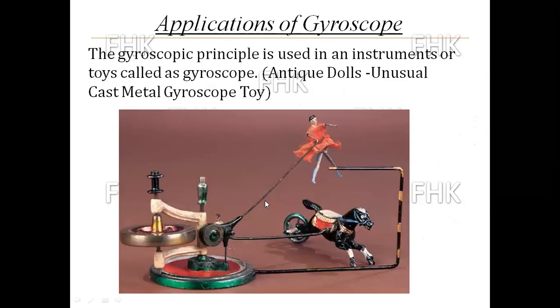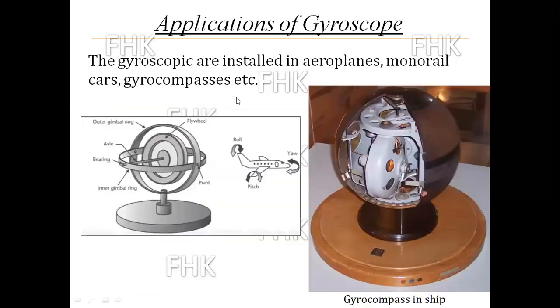Now, see some of the applications of gyroscope which you can see in our daily life. The gyroscope principle is used in instruments or toys called gyroscope. Here you can see an antique doll, unusual cast metal gyroscope toy.